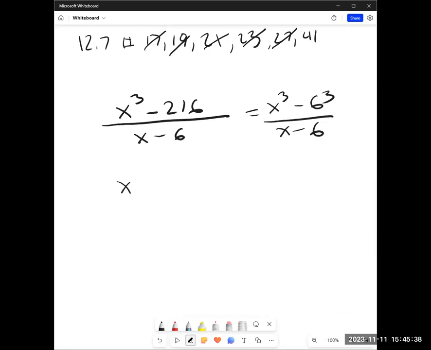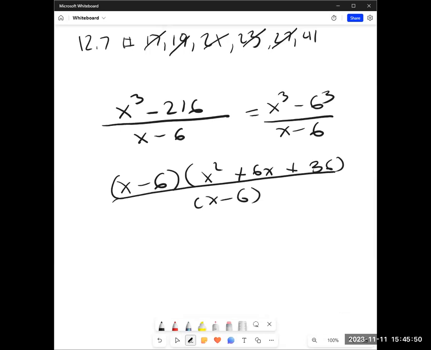So it breaks down into x minus 6 times x squared plus 6x plus 6 squared, which is 36, divided by x minus 6. And x minus 6 divided by x minus 6 makes a 1 and leaves us with a quotient of x squared plus 6x plus 36.